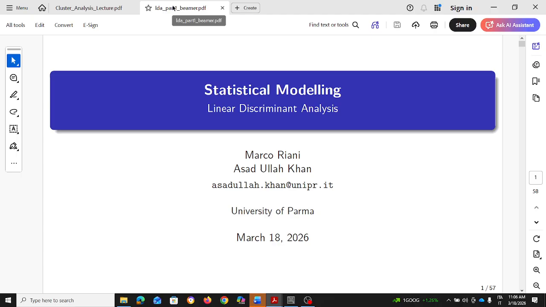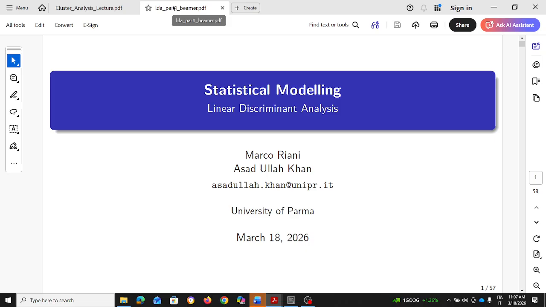Because we don't have labels, we don't know the data, we have no information. Now we are moving to supervised classification, supervised clustering. Okay? And in supervised, we know the output, we have labels. So we have input data, we have output data, so we have labels.